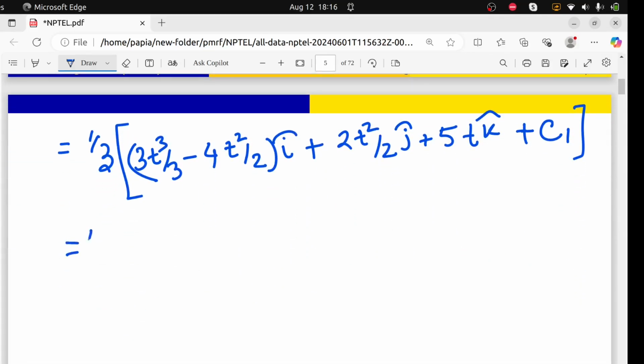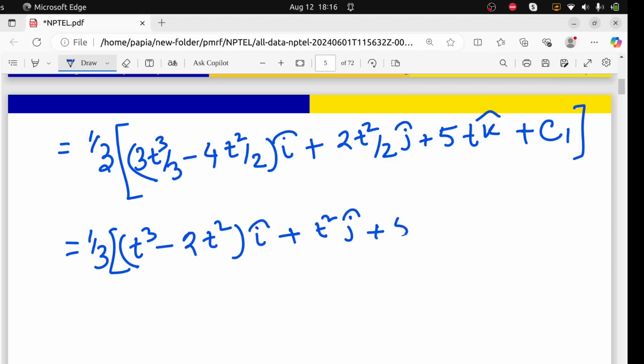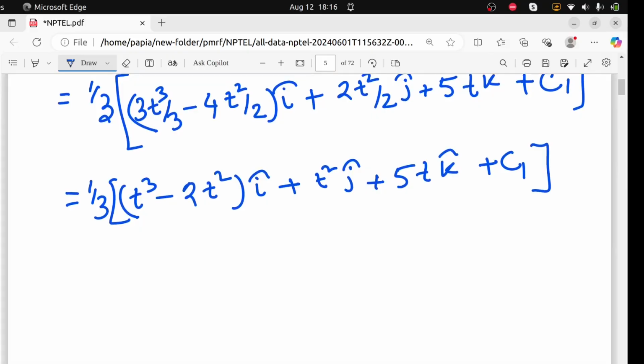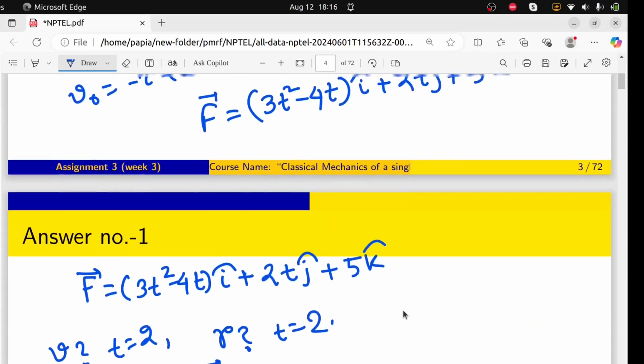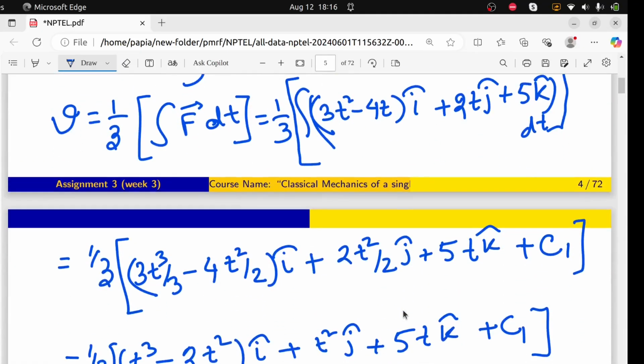Now if I simplify a little bit, it will be (t cube minus 2t square) i cap plus t square j cap plus 5t k cap plus C1. Now we need to calculate the C1 value. So at t equals 0, v was v0, which is minus i cap plus k cap.